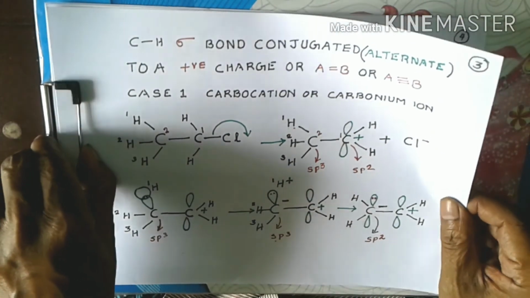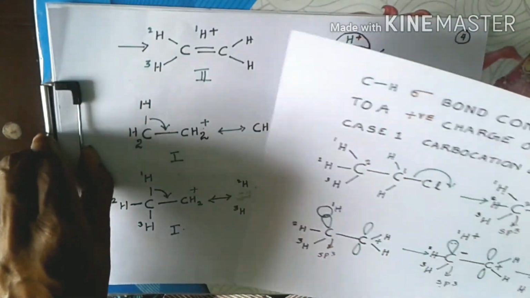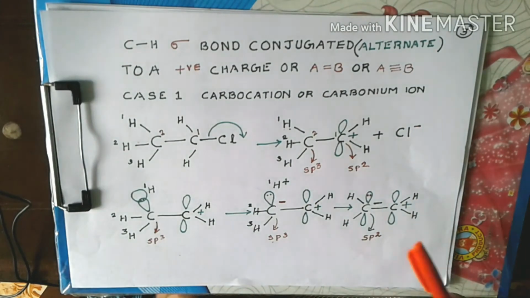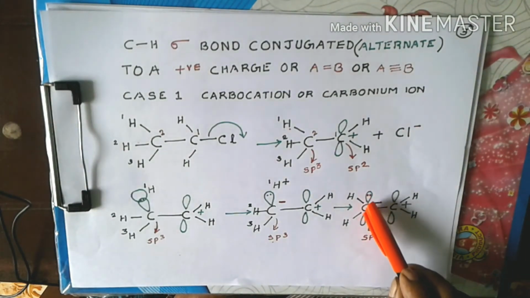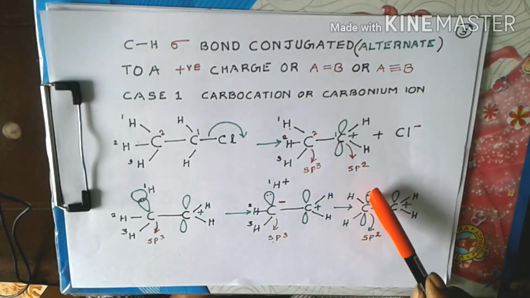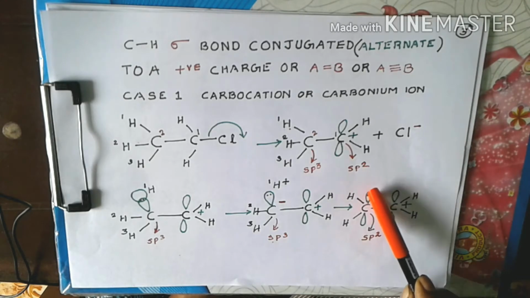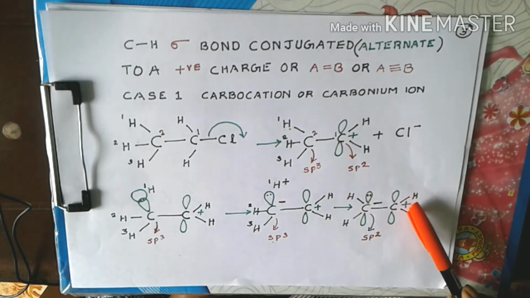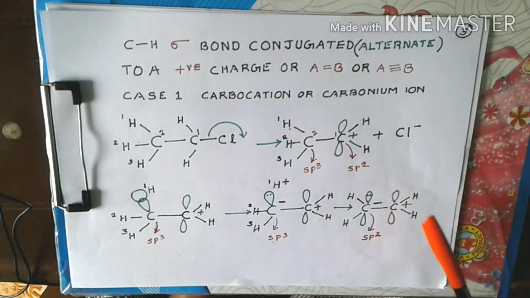Now this repulsion can be avoided by overlap between the lone pair orbital and the vacant orbital here. When this overlap occurs, one electron from this lone pair orbital is given to this orbital, so that the positive charge of this carbon is lost.